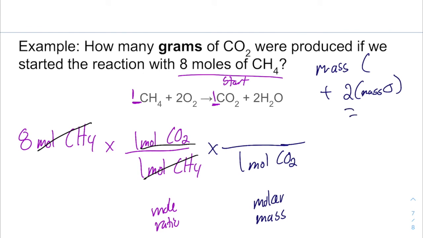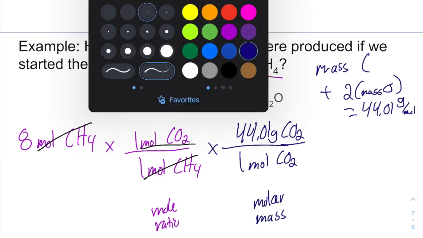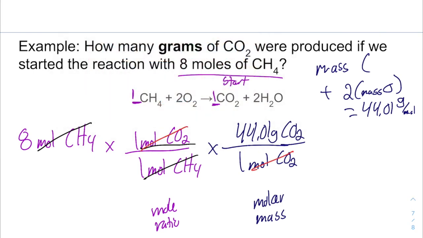And this will end up giving us 44.01 grams per mole. Remember, just coming from the periodic table. So I can go ahead and put 44.01 grams CO2 on the top, cancel out mole CO2, and now I'm at my final thing.